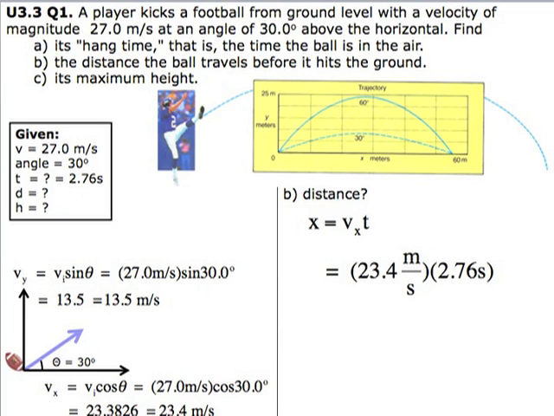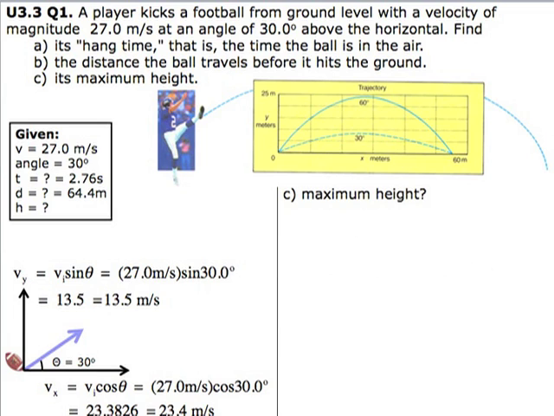When we put in those numbers, we get a very long number, but because we have 3 significant figures, our final answer is 64.4 meters. If we cancel this seconds with that seconds, we're left with meters, so we have the right equation.